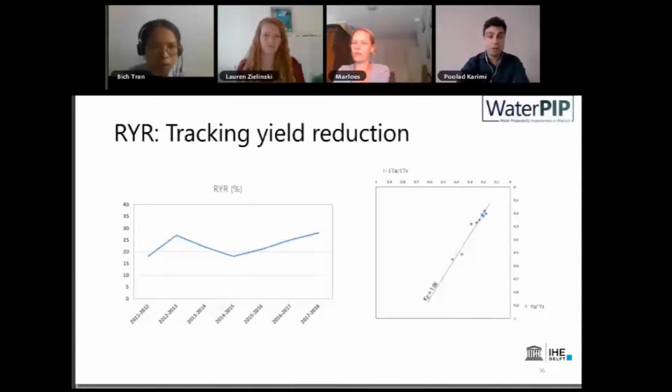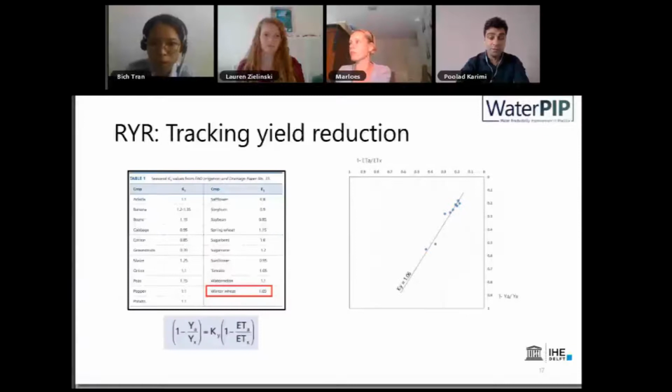If you look at the graph to the right, you see how a linear relationship can be made between the relative yield reduction and relative water deficit. And KY is actually our crop yield factor. For Bekaa Valley through this practice we have 1.06.